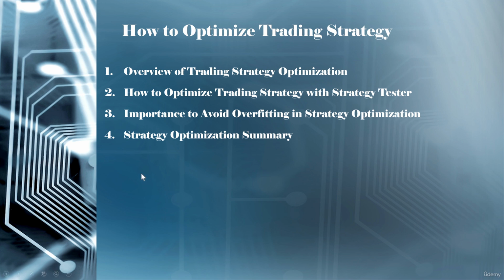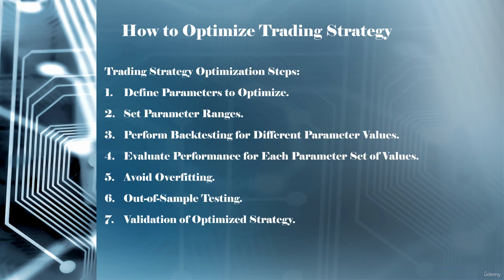Trading strategy optimization is the process of fine-tuning and adjusting the parameters of a trading strategy to maximize its performance based on historical data. The goal is to identify the most effective set of parameters that would have yielded the best results in the past.